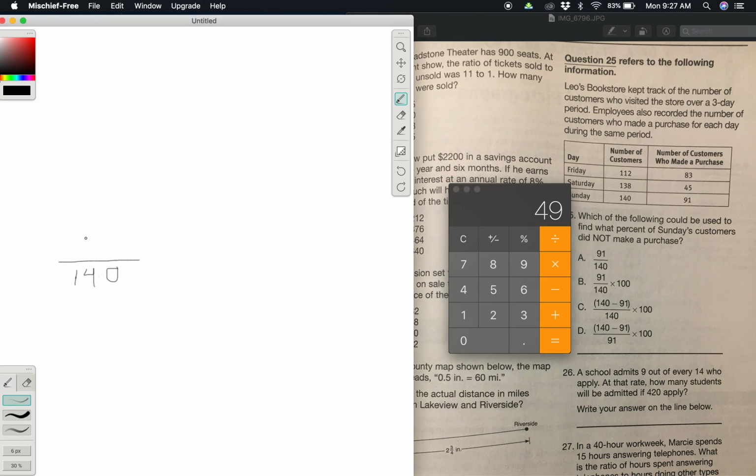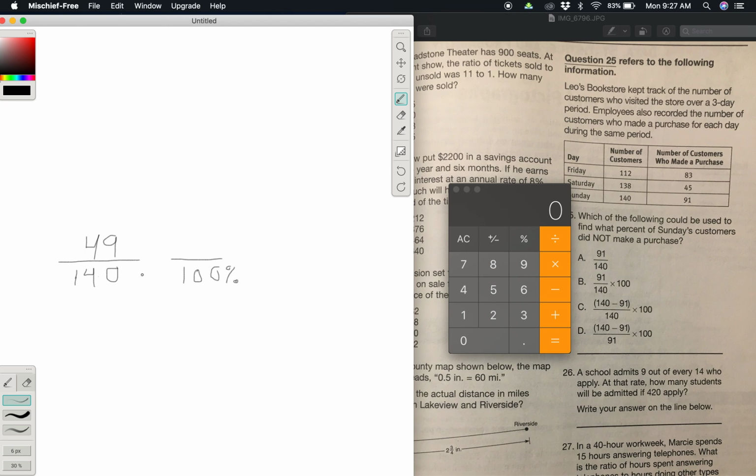The reason we don't put 91 up here is because we're trying to find the percentage of customers that did not buy, not the percentage that did buy. If we were, then we'd put 91 here. We know that 140 represents the total amount of customers, which is 100% of the customers. So this will be 100%.